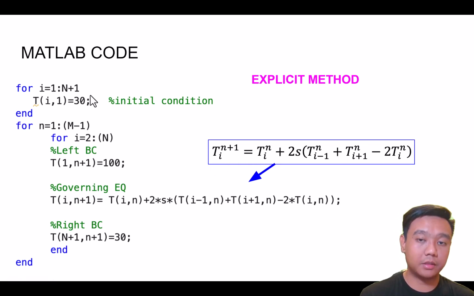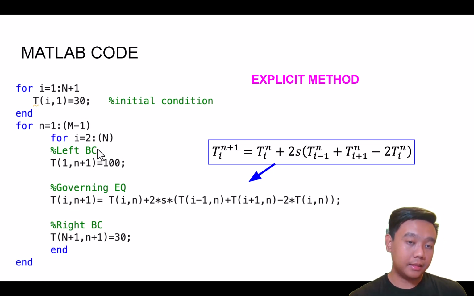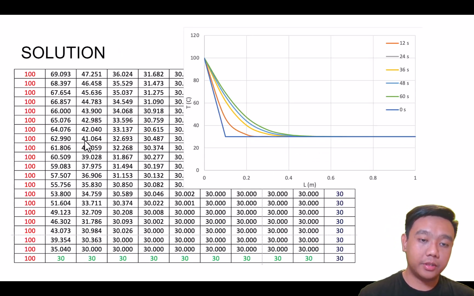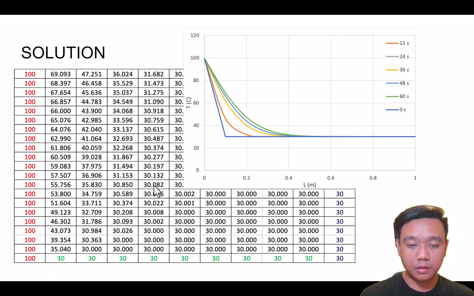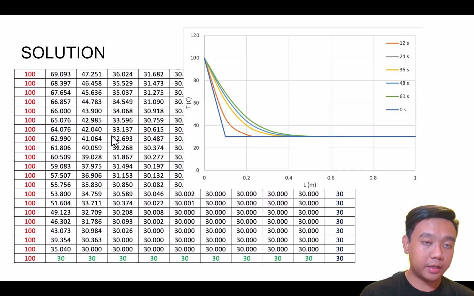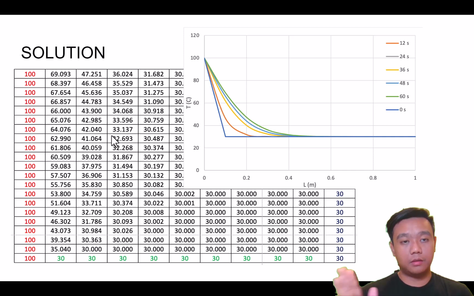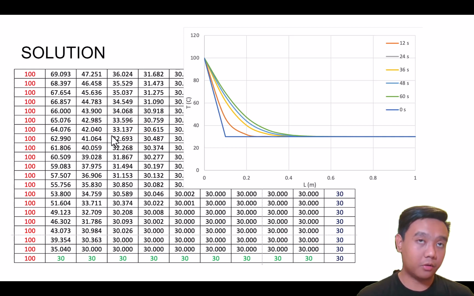With MATLAB it is actually very simple, and the result will be like this. So you can get the whole mesh, or the whole table, filled with these values. You can expect that a lower value of delta t, or a greater number of mesh points, will make the curve smoother. As you can see here, it is not as smooth as we expect.